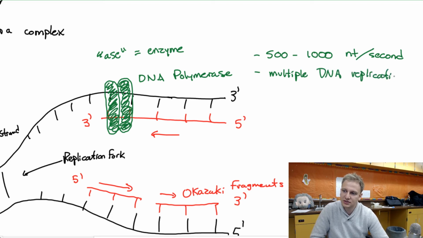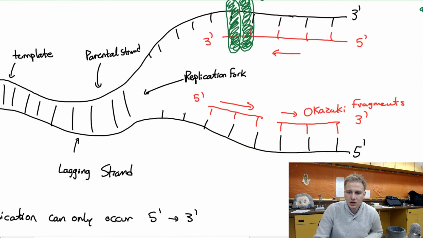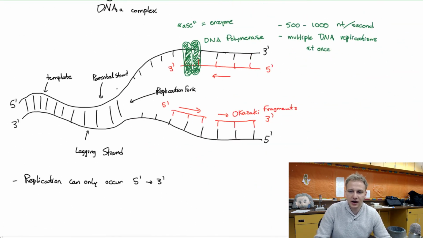And this is what allows you to form scabs so quickly. 1,000 nucleotides per second is pretty quick, but if we talk about something with 1 million or 1 billion base pairs or nucleotides, that's really not that fast in comparison. And so what it'll do is it'll start multiple processes of DNA replication at once. So this is the general diagram of what is happening present here.